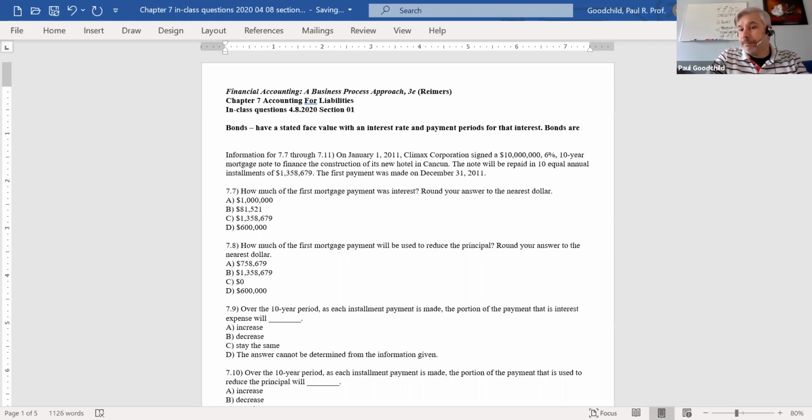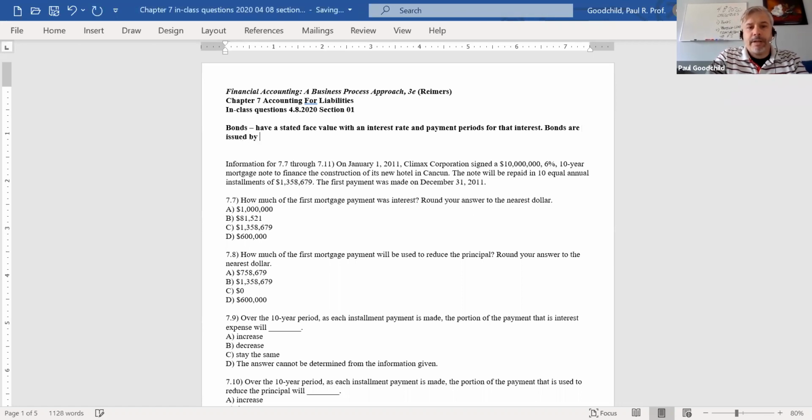Bonds are issued by companies through banks usually.